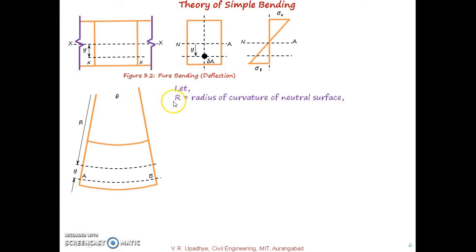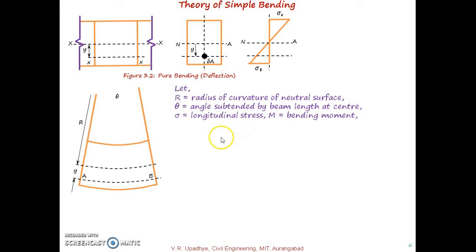Now let us go through a few terminologies we are considering further. Capital R is the radius of curvature of the neutral surface, theta is the angle subtended by the beam length at the center of that curvature, sigma is the longitudinal stress, M is the bending moment at that particular cross section, and xx is the original length.